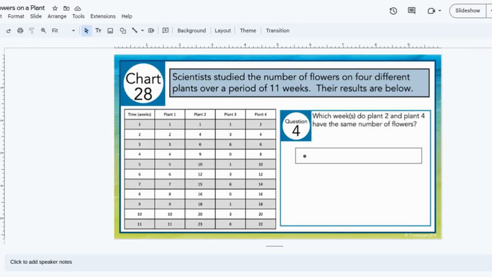Number 4. Which weeks do plant 2 and plant 4 have the same number of flowers? This should be pretty easy. If you ever get a question like that, okay, plant 2 and plant 4 have the same. That happens at week 2, week 3.